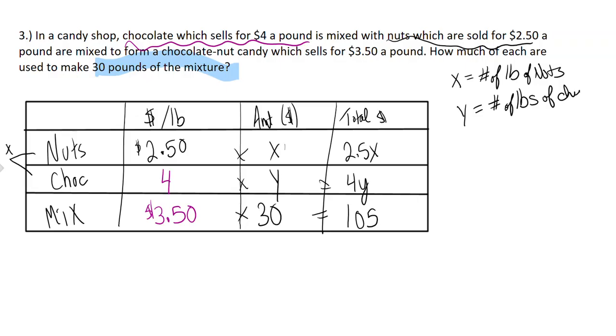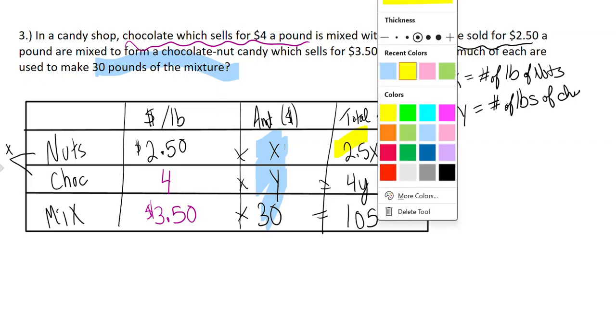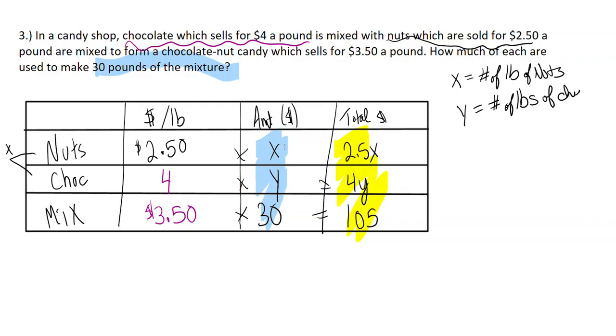And you can see, just like today, how the equation is set up vertically in our table. So we have 2 equations happening. We're going to have X plus Y equals 30. And then 2.5X plus 4Y equals 105.